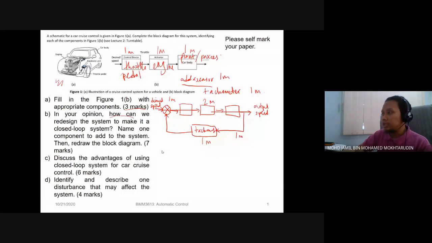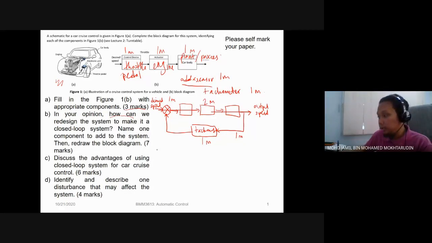So the first advantage is basically, because you have a sensor, you can measure the output speed and compare the output speed with the input speed, so as to measure the differences, or measure the error. And this error can be reduced through the control device.